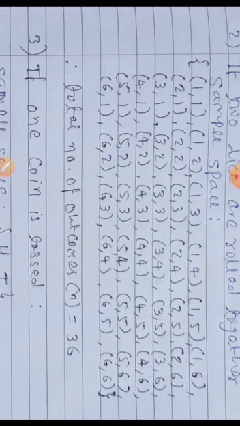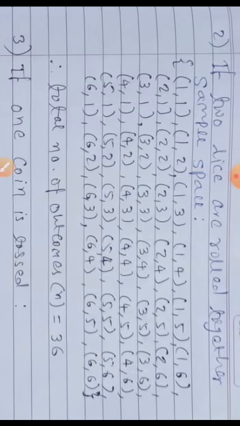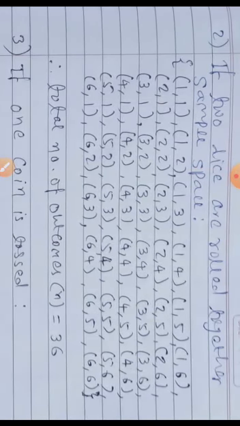For now, remember how the 36 outcomes are written. All 36 outcomes are written in curly brackets, each outcome is written in simple brackets, the two numbers in a bracket are separated by a comma, and two adjacent outcomes are also separated by a comma. This is how the sample space is written systematically.